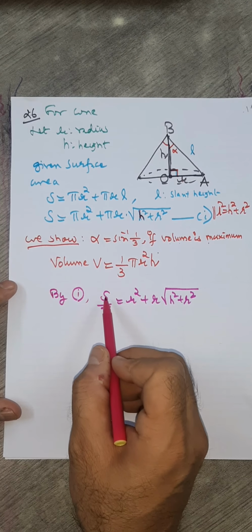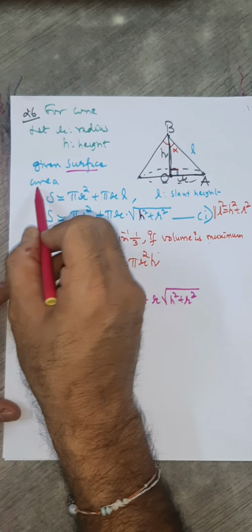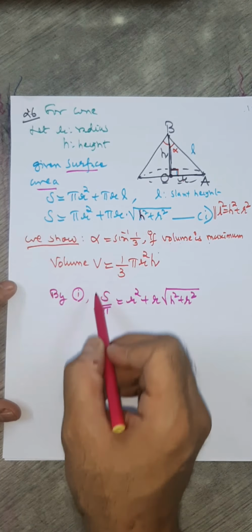Now this is a constant, this is given, that means this is a fixed constant, so I'll take that as a constant c here. Take r squared on that side: c minus r squared equals r into root of h squared plus r squared. What I did here is say that the constant S by pi equals c.